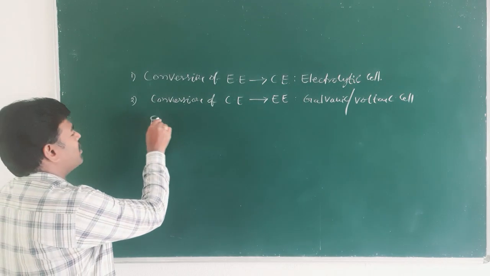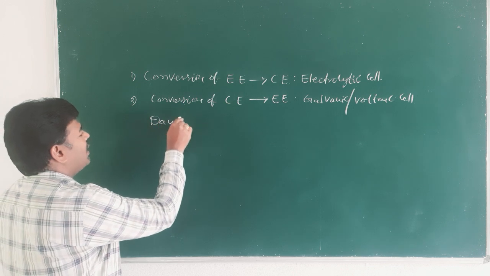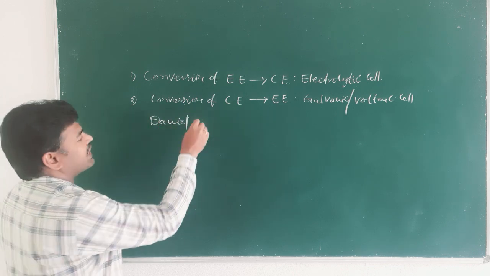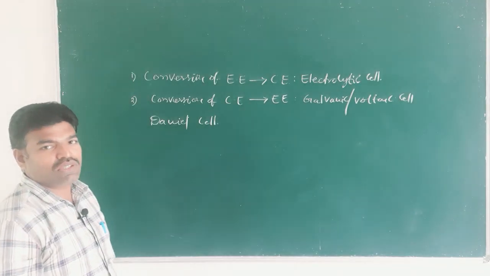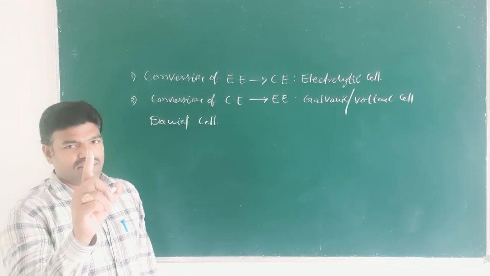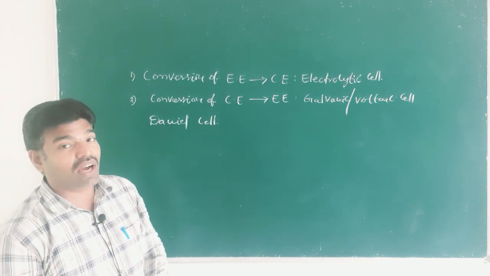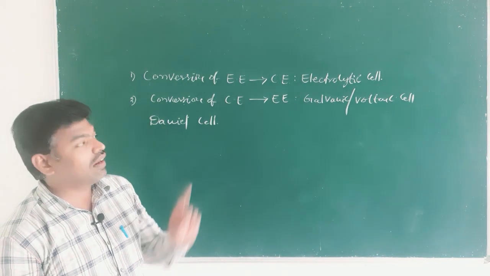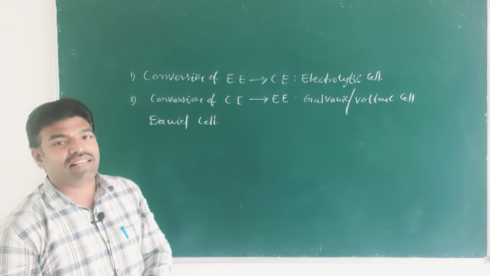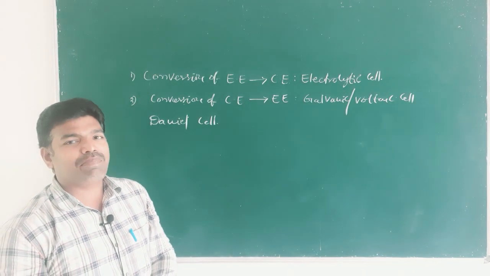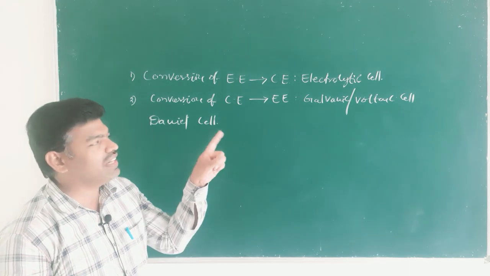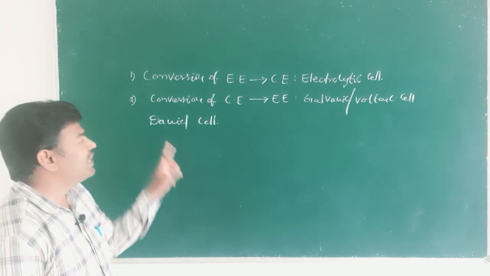So, what is a galvanic or voltaic cell? It is a source of electricity, and the best example is the Daniell cell.